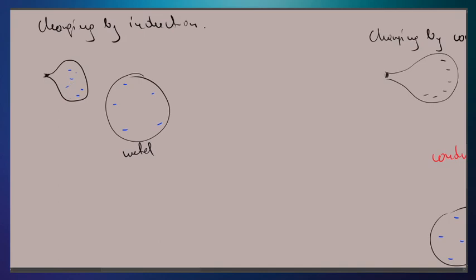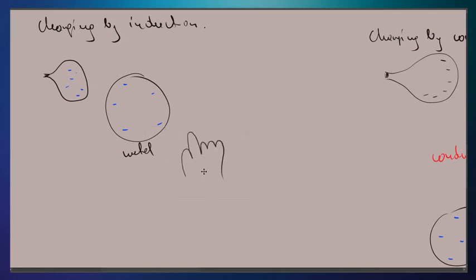But that's just charging by conduction, right? Then what you can do is you can take a hand and bring this hand to the balloon, and to the metal, and touch it. Some of these electrons will jump into your hand.